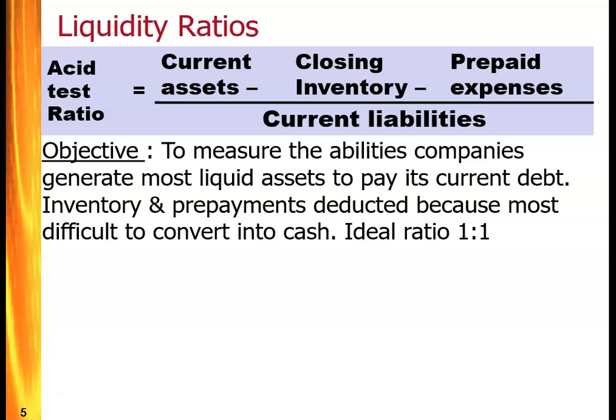That's why the prepaid expenses must be deducted from the total current asset, because inventory and prepayments are not liquid enough to be converted into cash. It's not easy to convert those two into cash, so they are not liquid enough to be considered most liquid asset.